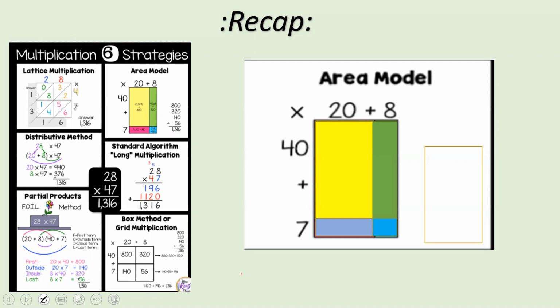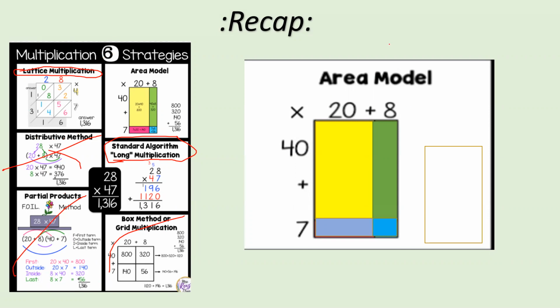We today worked on the area model, and we're also going to work on the lattice method, and we also talk about your standard algorithm, your long multiplication too. We don't really talk about the other methods for multiplying double-digit numbers. Okay. So let's look at the area model.